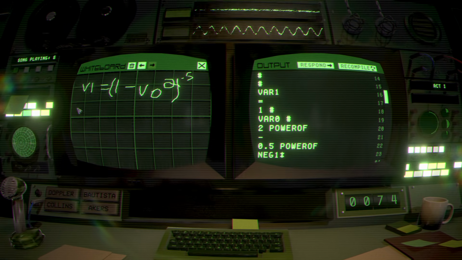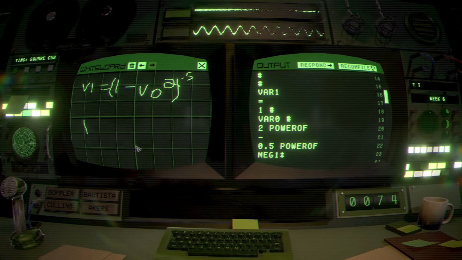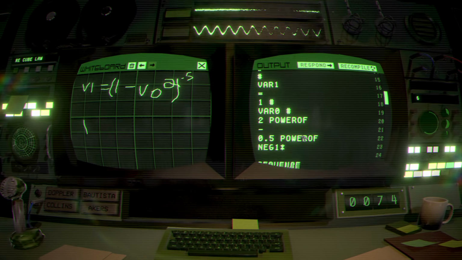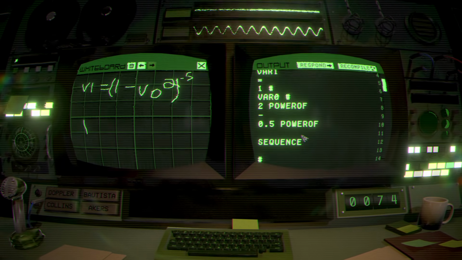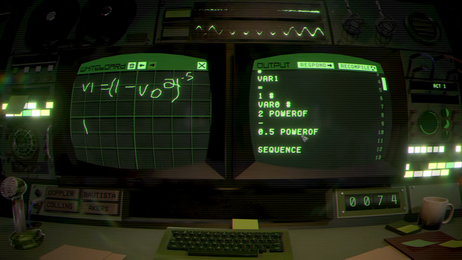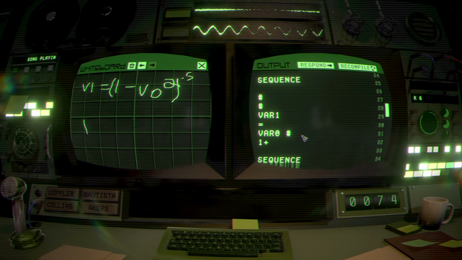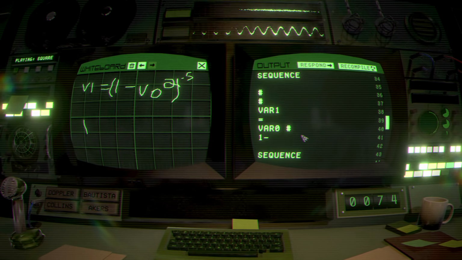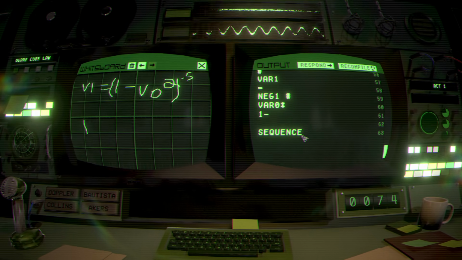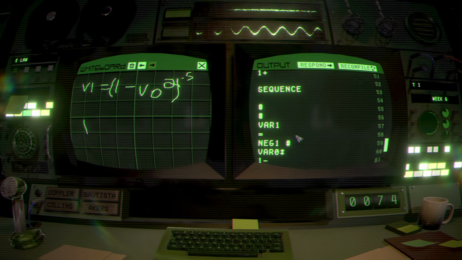So if variable 1 is 1, wait a minute. What's it giving us here? Let me comprehend.